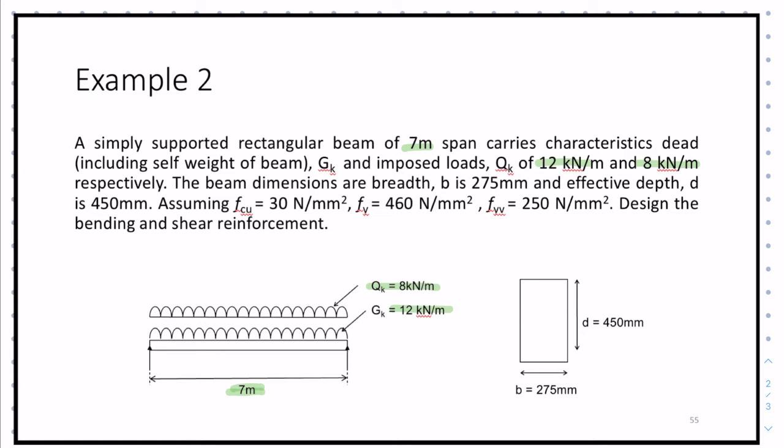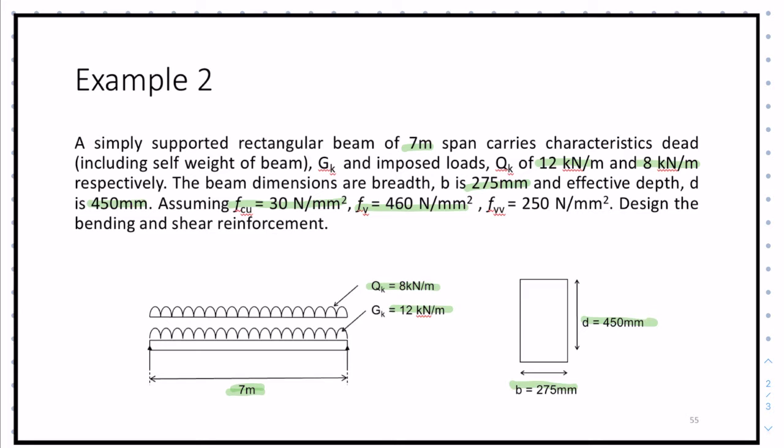The load already includes the self-weight of the beam. The beam dimensions are breadth b is 275, and effective depth d is 450. Assuming fcu 30 Newton per mm square, they already gave the grade of the beam as 30.